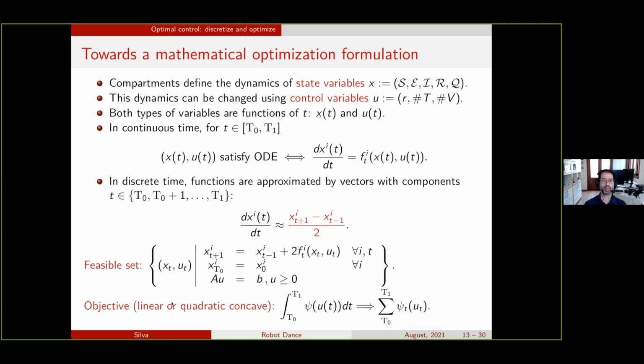And you can add some kind of objective that will depend on x(t) and u(t). Usually we use u(t) to write our objective. And usually our objective is that we want this R variable to be as high as possible because we want to control the disease by letting the people work and go on with their life as normally as possible.